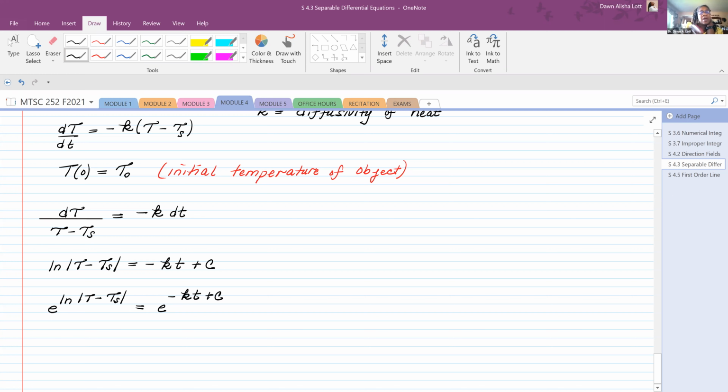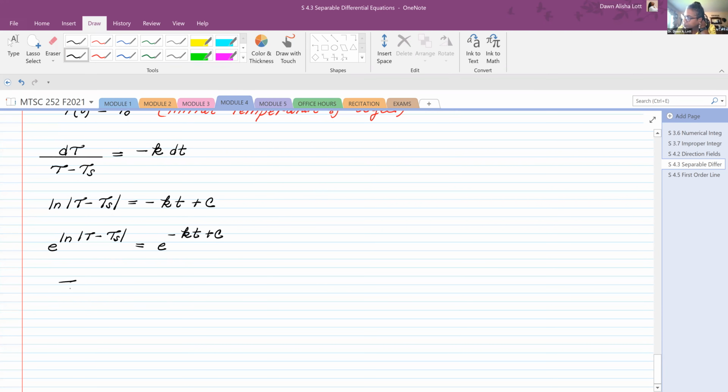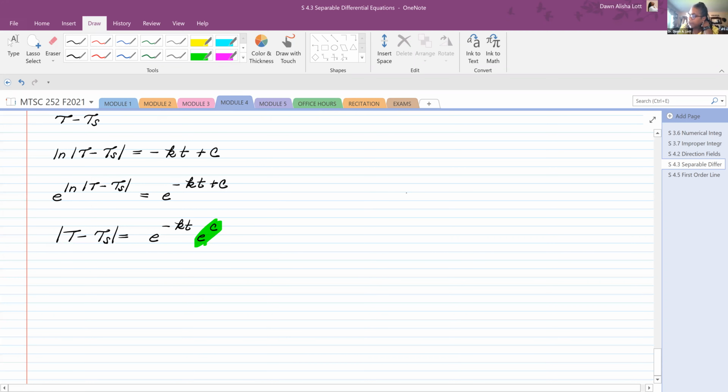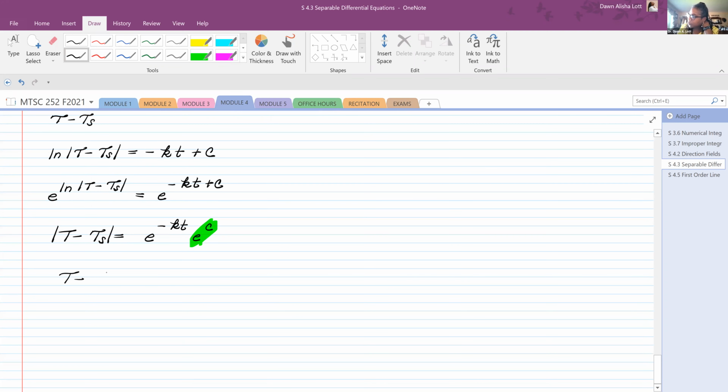On the left-hand side I get T minus TS is equal to e to the negative Kt times e to the C. Now this e to the C, I did the same thing I did before, I'm going to make that an A. So T minus TS is A e to the negative Kt.